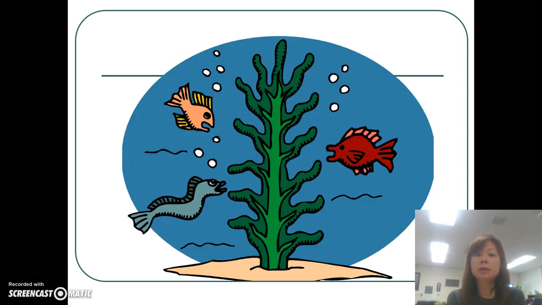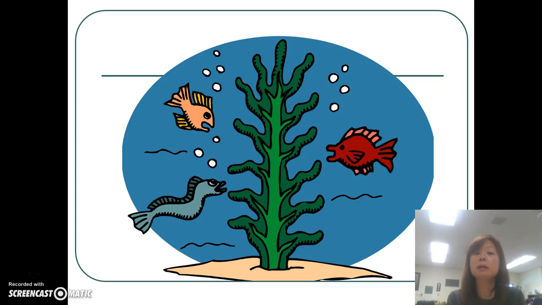Okay, so what I would like you to do is pause right now and look at this picture or observe this picture. Of course, you can't smell or taste it, but you can observe it by looking at it. And why don't you write down 2 qualitative and 2 quantitative observations from the picture. Okay, you might have said that the kelp is green.